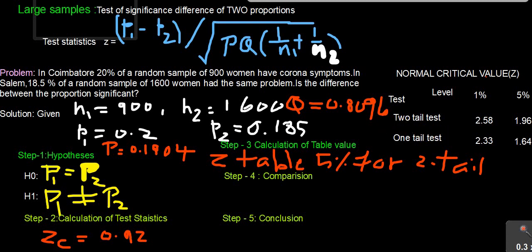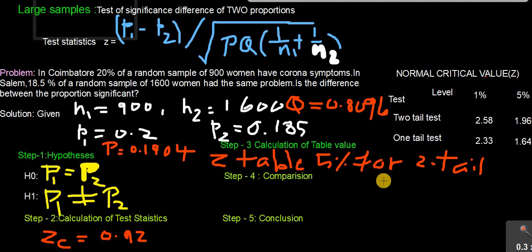For a two-tailed test, 5% level of significance, that is 1.96. Now look at that, 1.96 is the 5% level of significance. The two-tailed test, the value is 1.96. Am I correct?